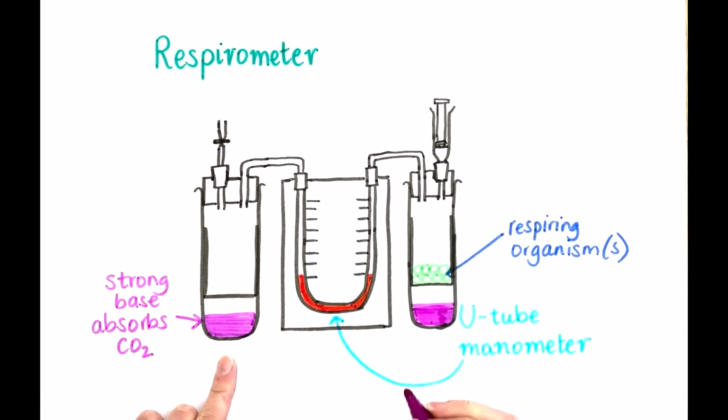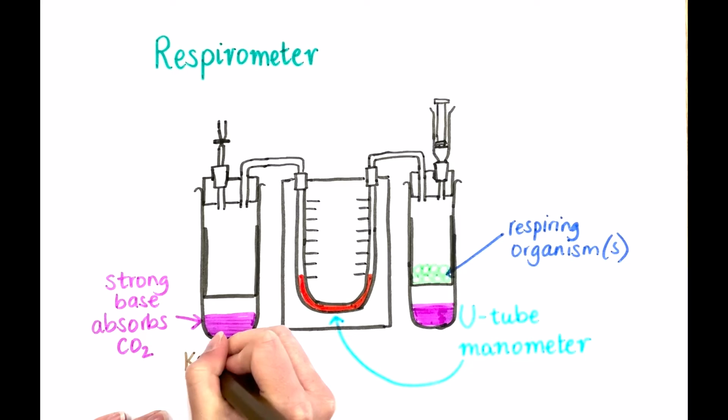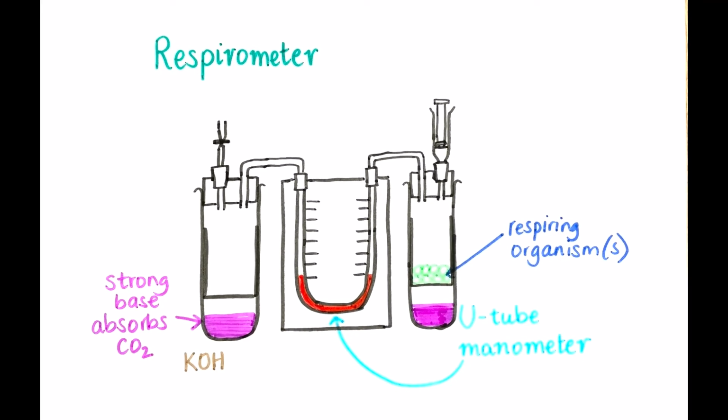Now, the strong base that you could use, we often use potassium hydroxide, so you might see it come across that. Or you might use sodium hydroxide. Or if you see a combination of that or a solid with some lime, we call that soda lime. So let me just add that in case you see that.